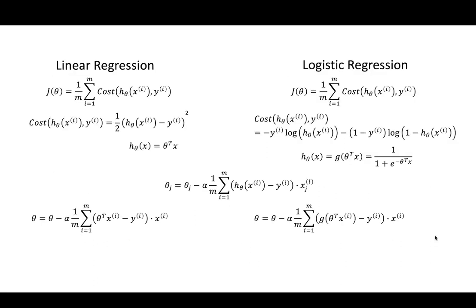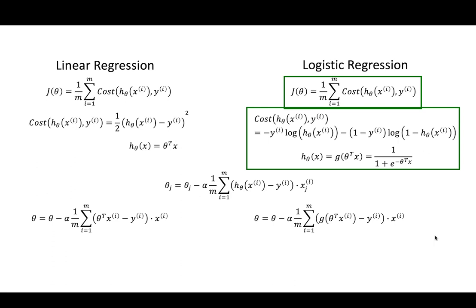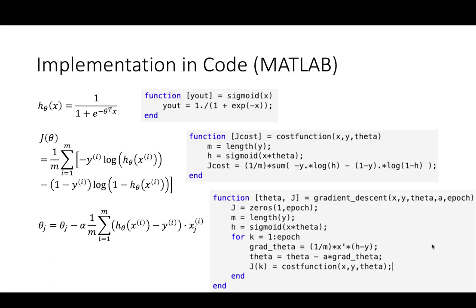Okay, just for comparison, ito yung comparison between the linear and logistic regression. So the cost function for the linear regression has this expression, for the logistic regression has these expressions. And pareho lang of course yung update equation. So ito yung equation that updates the theta parameters. And in MATLAB, this is how you implement it.